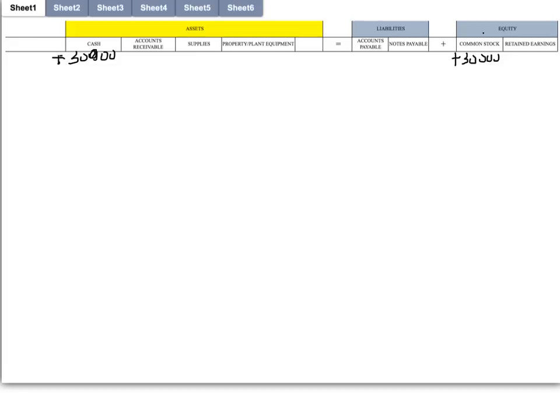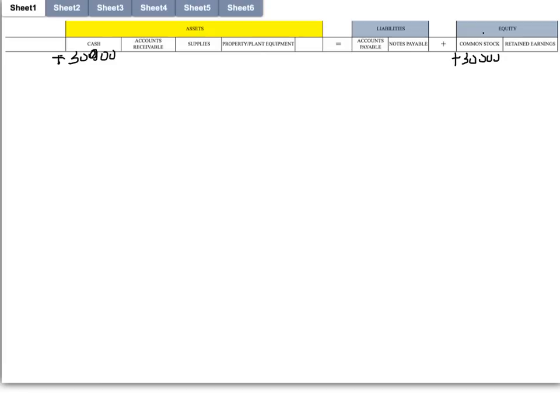What you do to one side of the equation, you do to the other. So I increased assets and I increased equity. Both sides of the equation, the equal signs, 30 equals 30. That's transaction number 1.